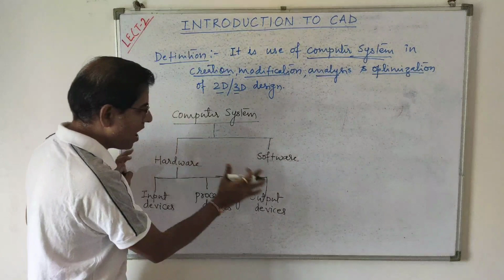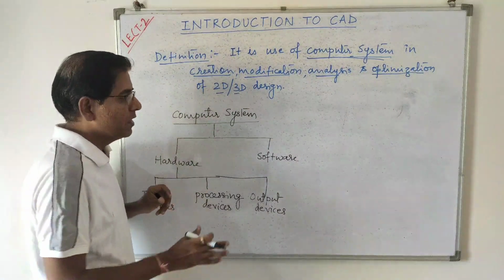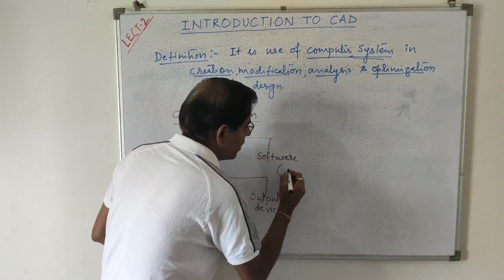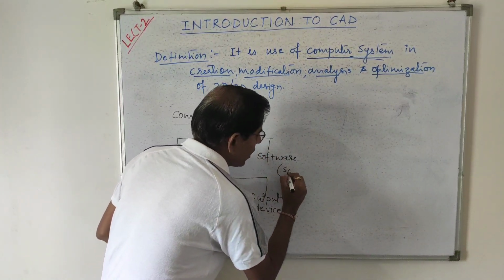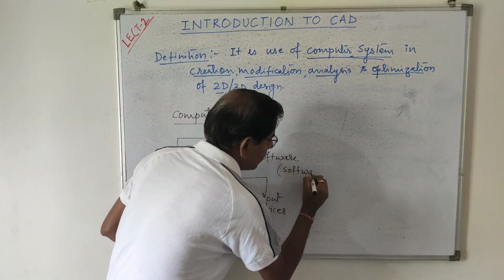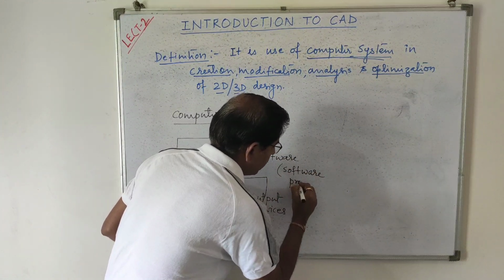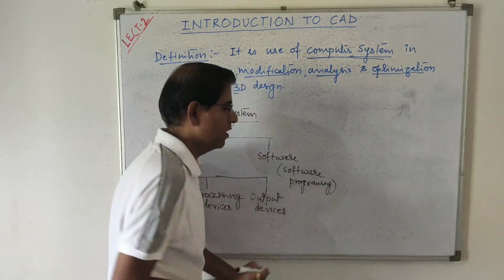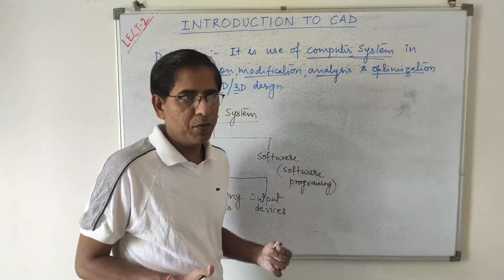So this is the hardware part of a computer system. Then there is a software part. So the software part basically requires software programming. So any software is developed by programming.